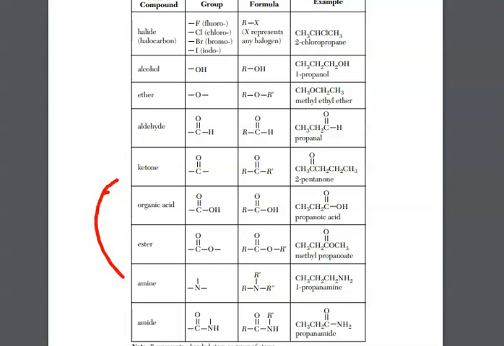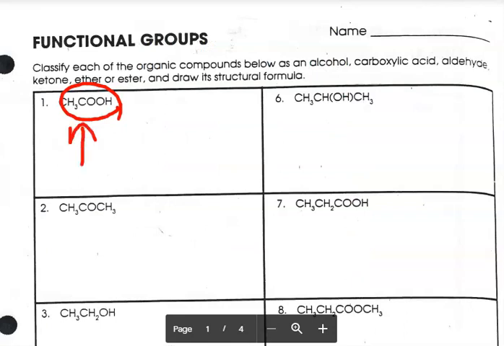The difference is an acid has an H on the end, and it can only be on the end of the molecule. And for an ester, it won't be an H, it'll be carbons and hydrogens on both sides. Let's go back. That makes this an organic acid for number 1.